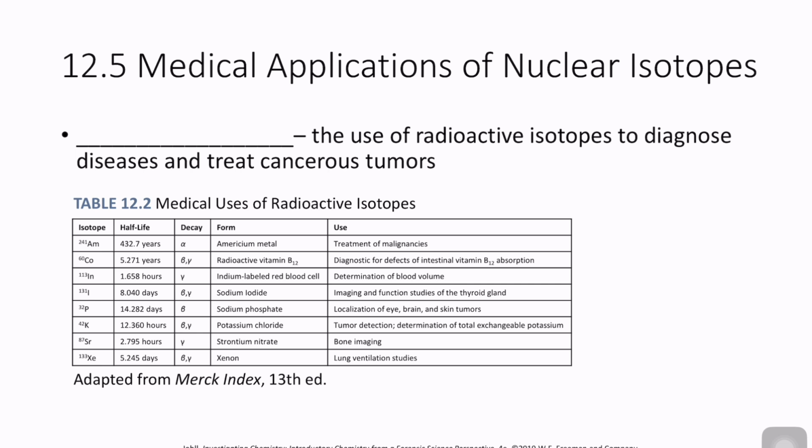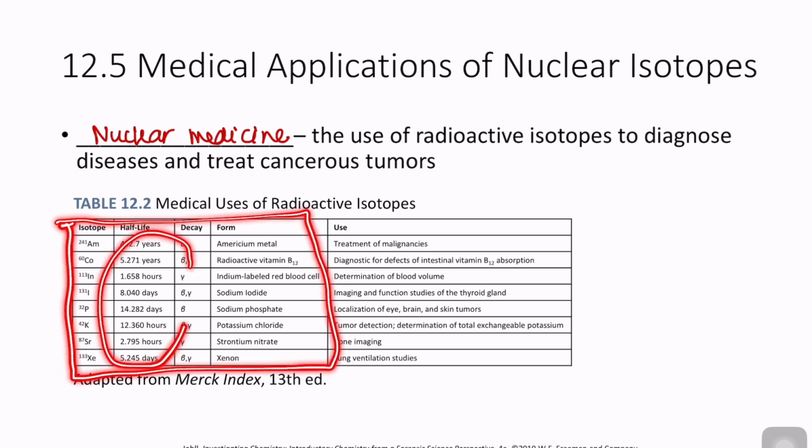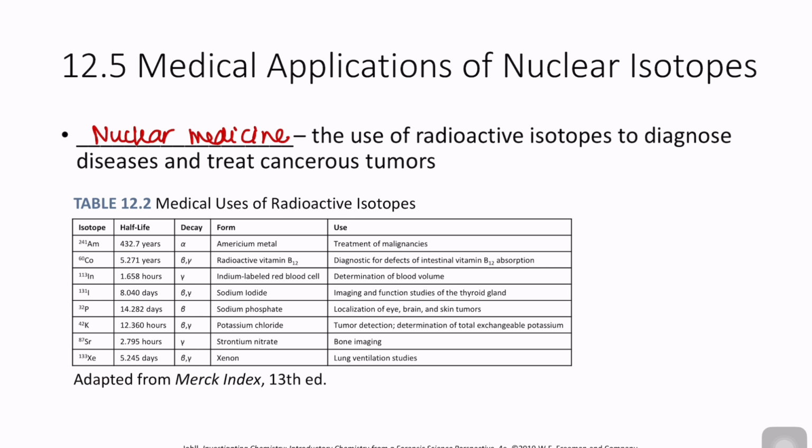because radioactivity and radioactive isotopes are used a lot in nuclear medicine. Here are a number of radioactive isotopes and their half-lives. And then you can see what they are used for.